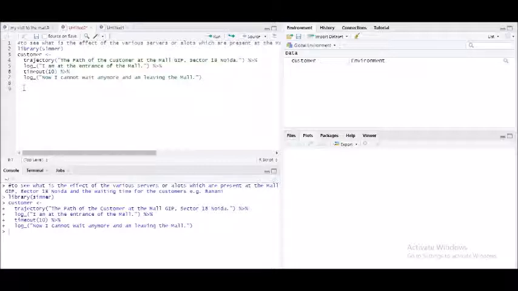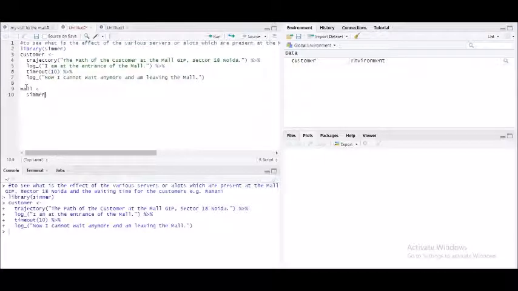Now again I have to open the package simmer, and I'm saying my visit to the mall GIP. So this goes here, full stop, and now my pipelines. These are very important, because if we don't have them, then we can lose track of it.